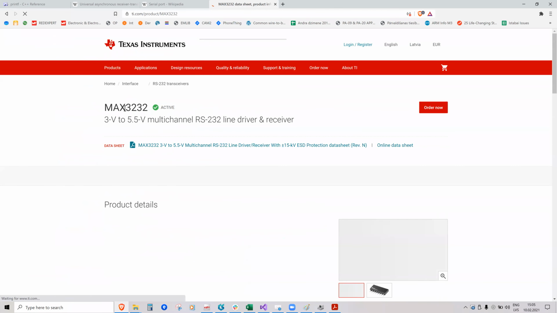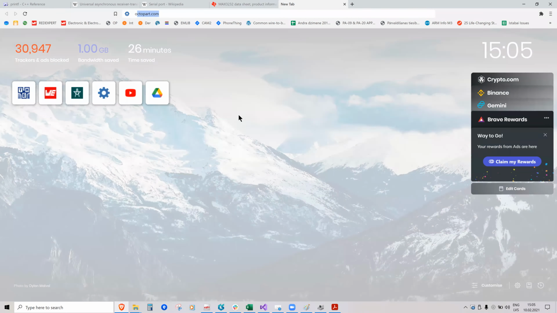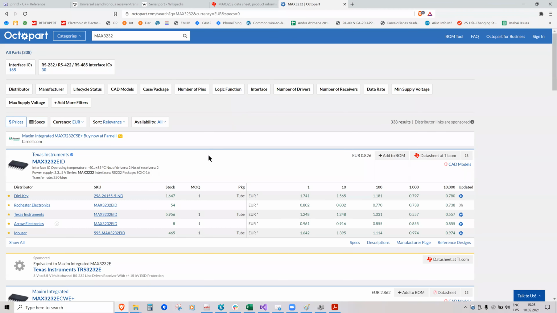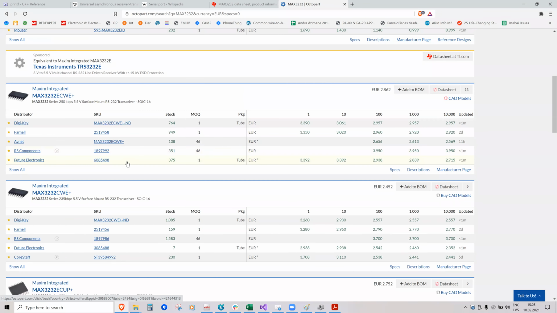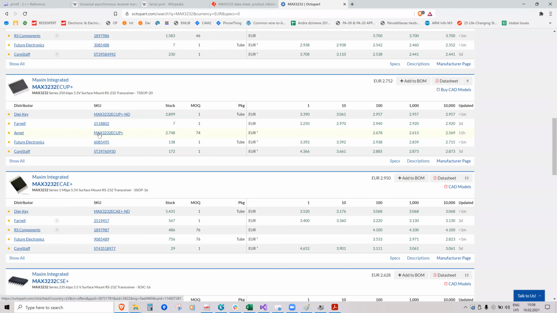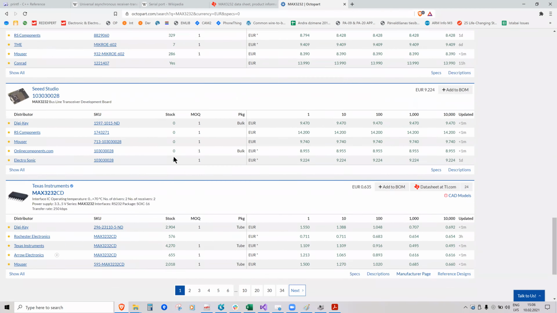This MAX3232. You can check it out in, for example, Octopart, and you will see that with this part number, Texas Instruments is manufacturing this chip, Maxim Integrated. I think Maxim Integrated was the original maker of this chip. This is why it begins with Max. And then later, when the patents expired, now everybody can manufacture this.